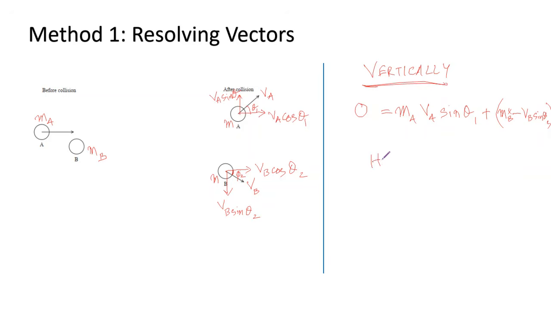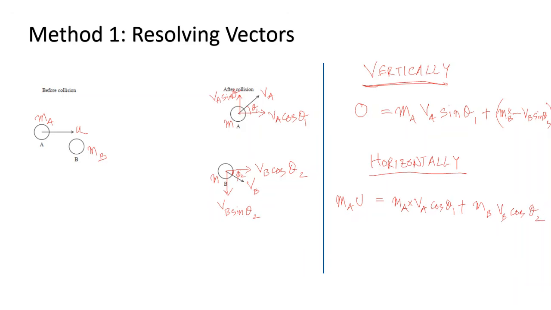Now the same thing in the horizontal aspect. Let's see what's going on horizontally. So horizontally, let's say this was traveling with initial velocity u. So total momentum before collision would be MAU, and total momentum after collision is MA times VA cos theta 1 plus the horizontal component of this one, MB VB cos theta 2.